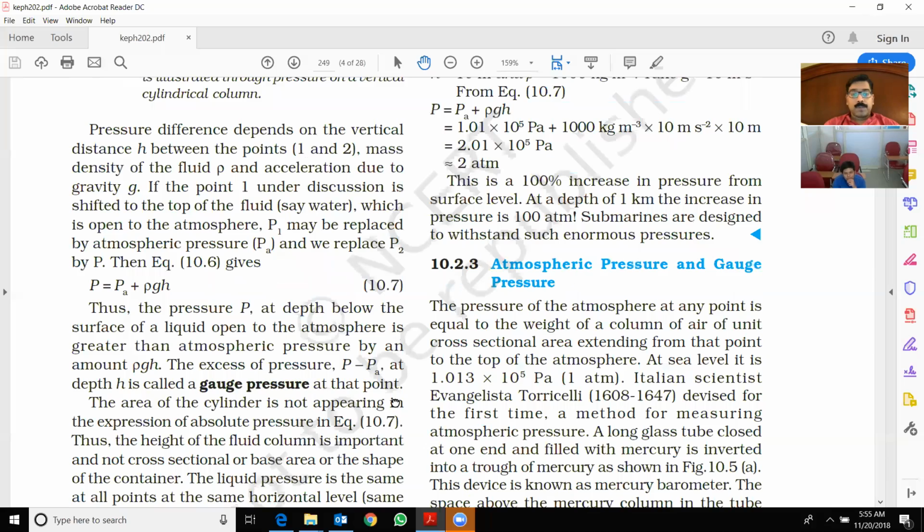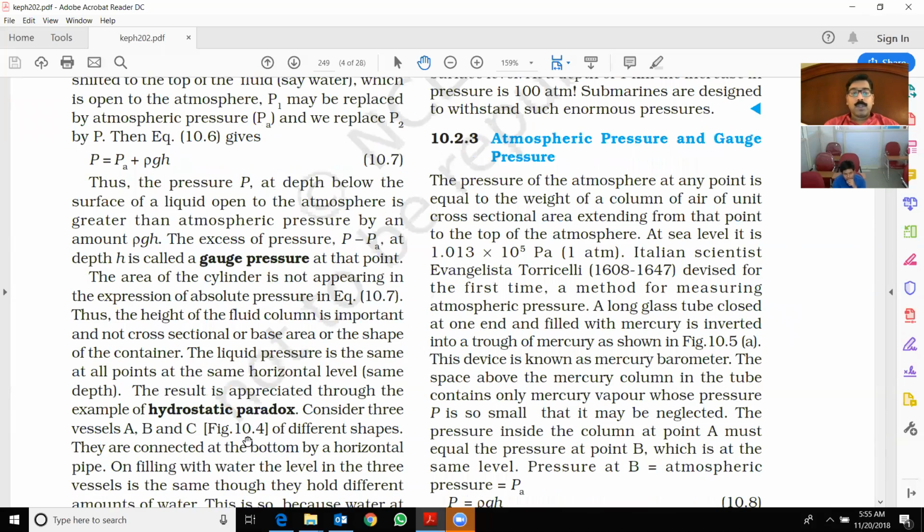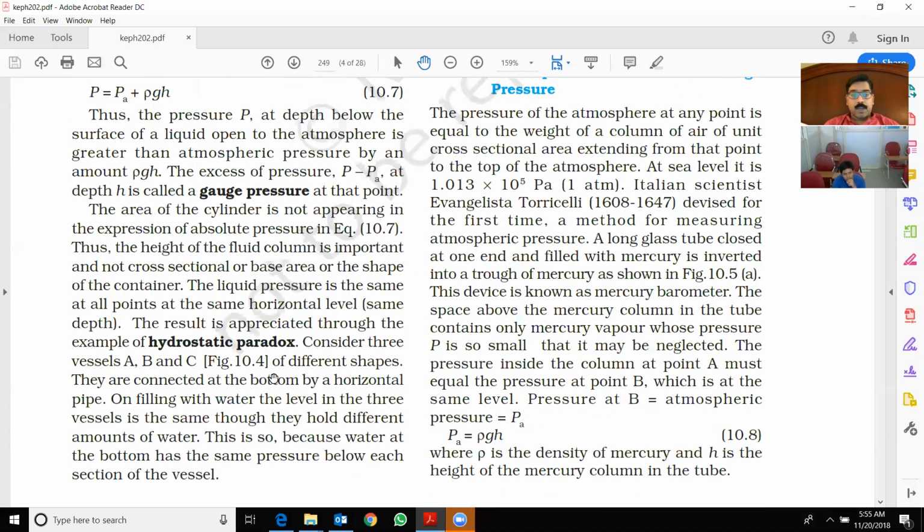This is called hydrostatic paradox. On filling with water, the level in the three vessels is the same, though they hold different amounts of water. This is so because water at the bottom has the same pressure below each section of the vessel, right?